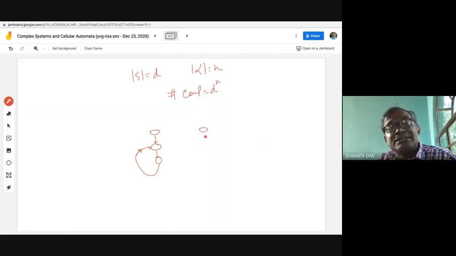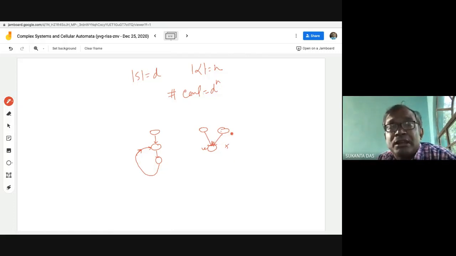Now, in case of reversible CA, reversible CA means I have to go in the backward direction, right? And reversible CA is injective. So since it's injective, this kind of relation is not allowed. One configuration cannot be reached from two other configurations, from the definition of injective CA or the property of injectivity.